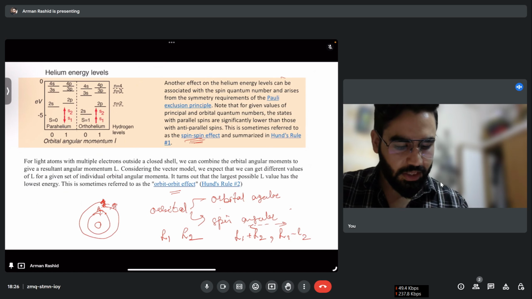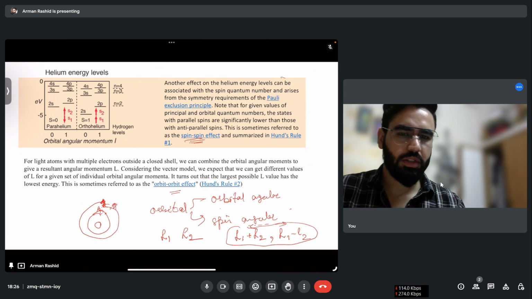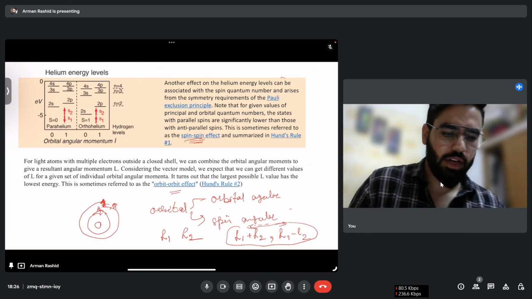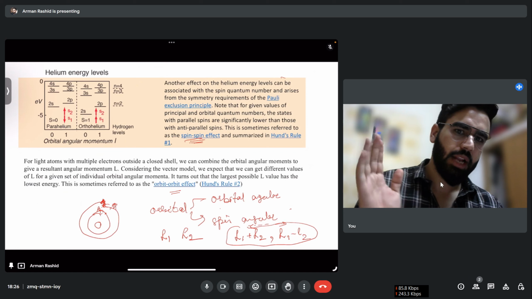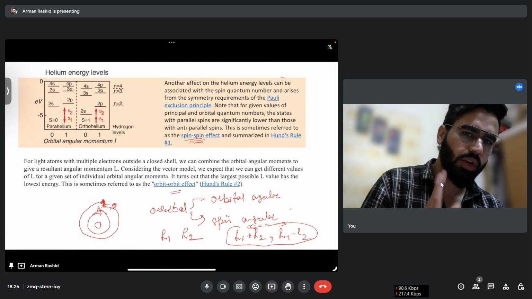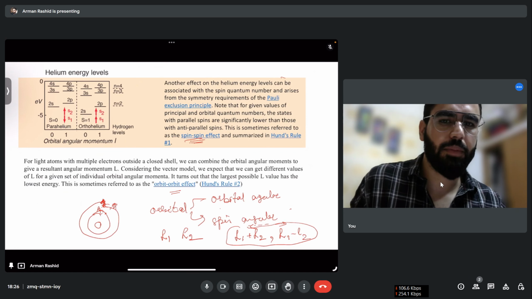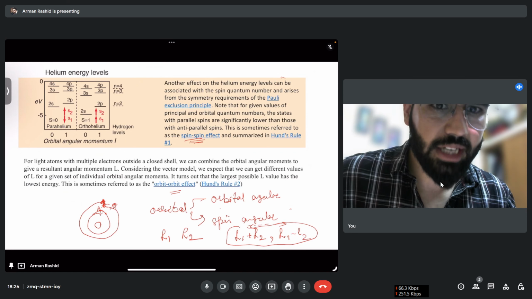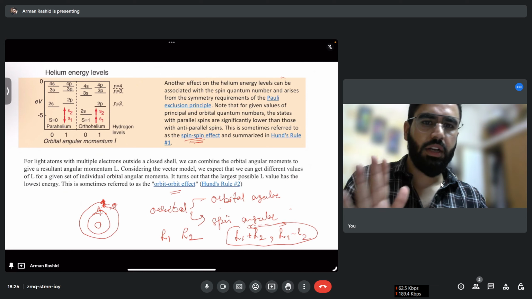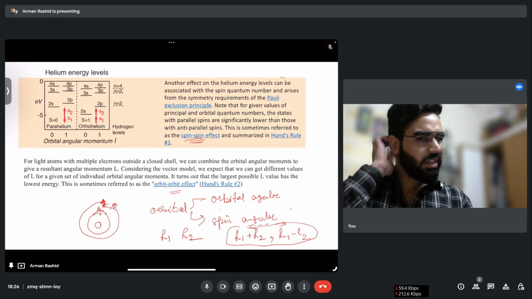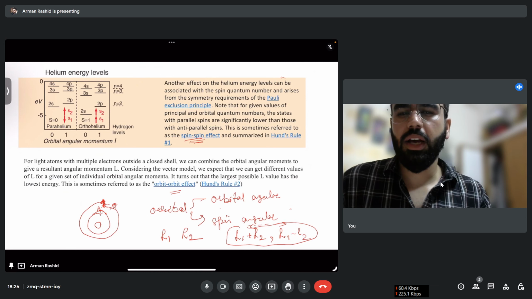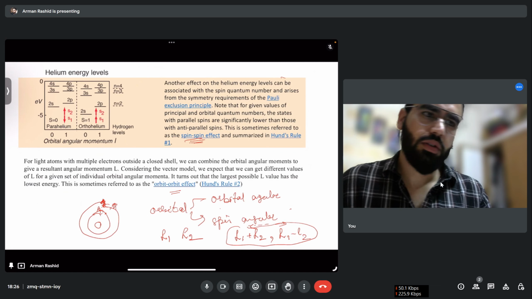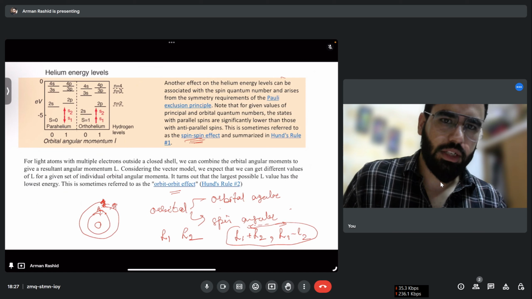This is summarized as the Clebsch-Gordan series, where from L1 plus L2 to L1 minus L2, all the magnetic moments are possible. Out of those configurations, the one with the highest L is more stable. This effect is called the orbit effect. Here the orbital angular momentum affects the energy of the total levels.